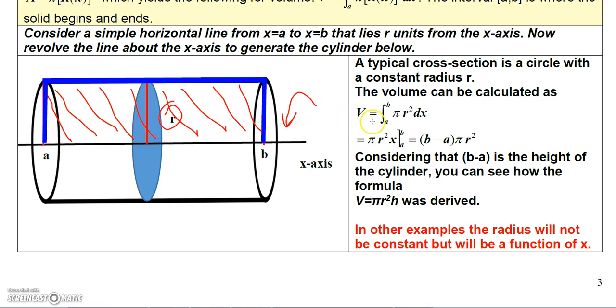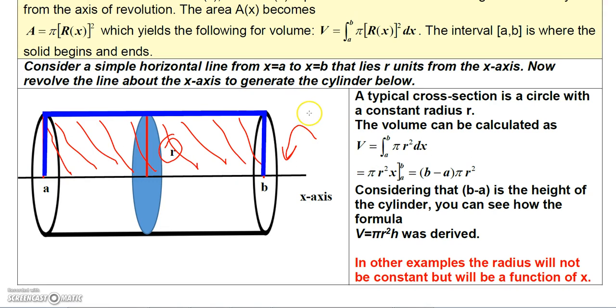So in this case, my formula is just going to be pi times the radius of this circle squared. So all I have to do to find the volume is integrate pi r squared dx from a to b. And so here's a, and then I integrate it all the way over here to b.